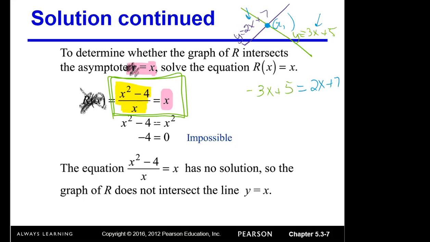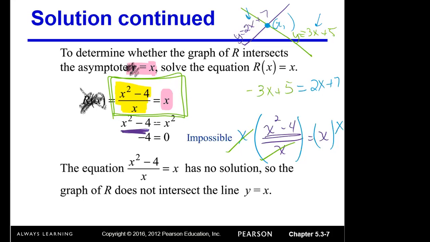They took the x squared minus 4 over x is equal to x, and they multiplied both sides by x, so that this x canceled that one. And so you can see they're left with the x squared minus 4 on the left, and then x times x, that is x squared on the right.